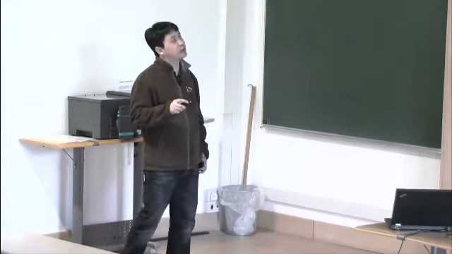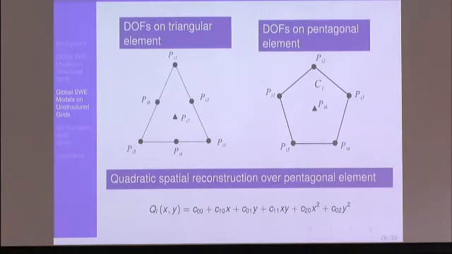The configuration of DOFs on pentagonal element, of which there are 12 on the icosahedron hexagonal grid. It's a little different because there are only 5 vertices, and so we define 6 DOFs within each control volume.